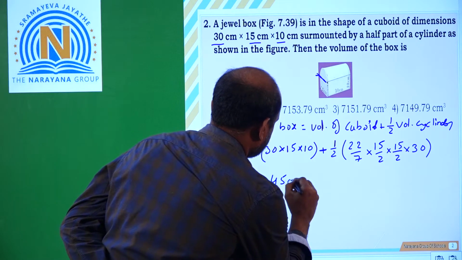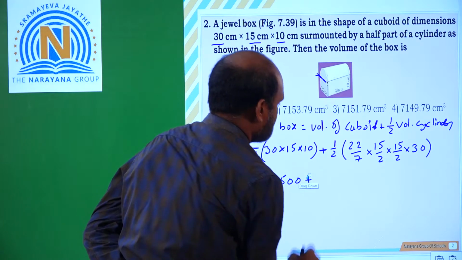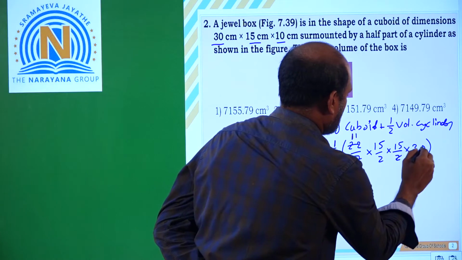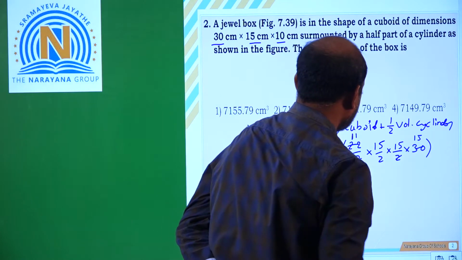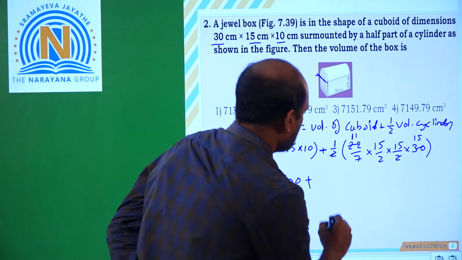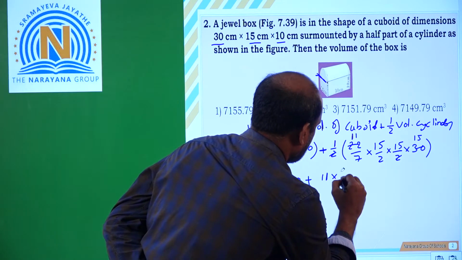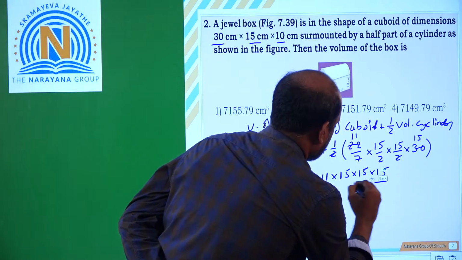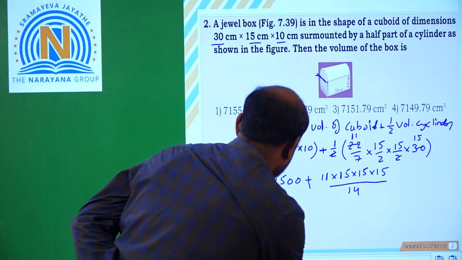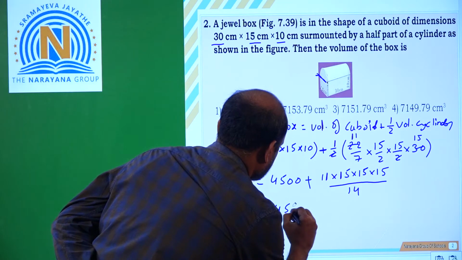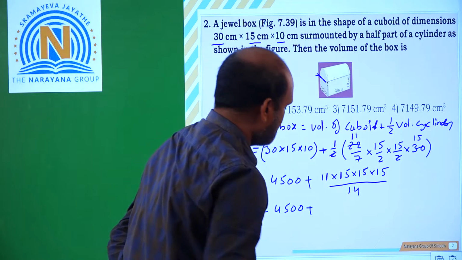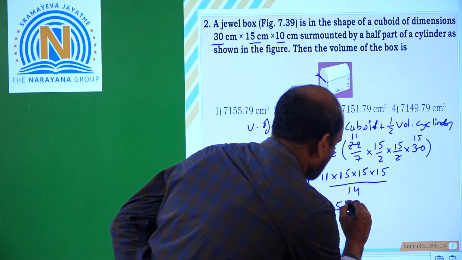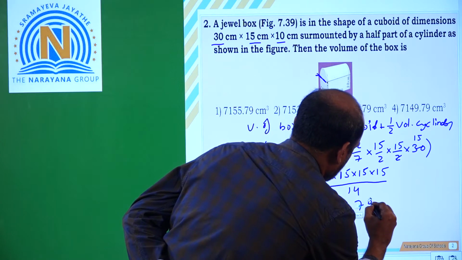That is equal to 4,500, plus this 2 11 times and this 2 15 times. So that is equal to 11 into 15 into 15 into 15 by 14. That is equal to 4,500 plus this value, which is 2651.79 approximately.